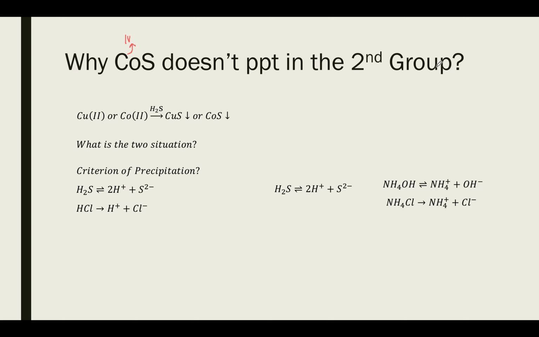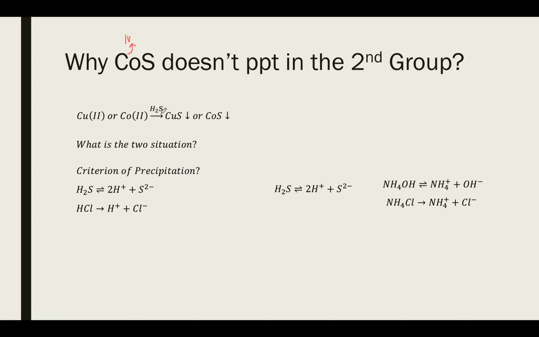I have just now shown you the table that in the second group also the metal ions are precipitated as their corresponding sulfides. So why don't the fourth group metal ions precipitate as sulfides when you add the group reagents of the second group? That is what we have to answer. To simplify the matter, here I have shown two cations, copper 2, which is your group 2 cation, and cobalt 2, which is your group 4 cation.